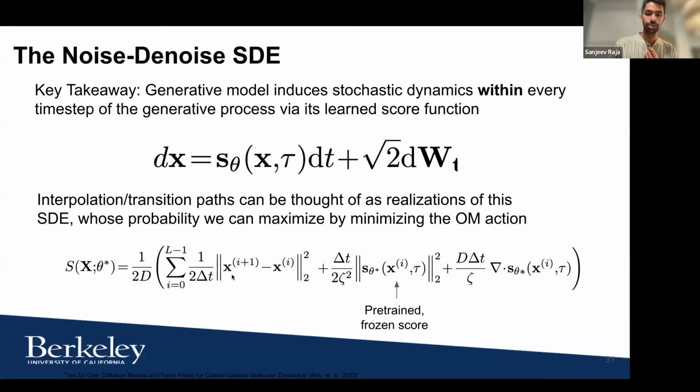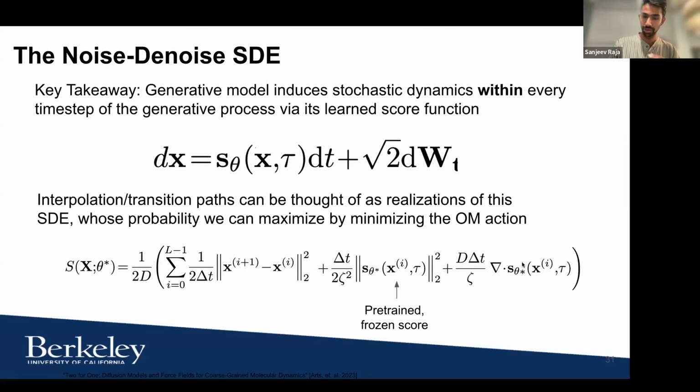So of course you don't just want that. You also want to remain in regions of low force norm. But in this case, we're replacing the force or the drift with the score function of the generative model. So we want to be in regions that have low force norm. And then finally, this third term has to do with some entropic contributions.